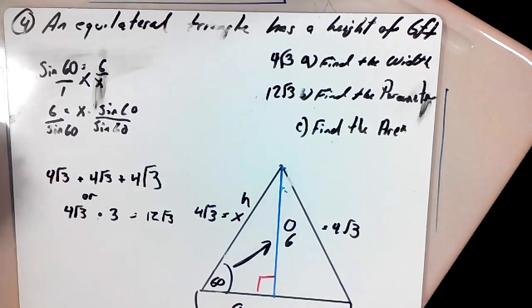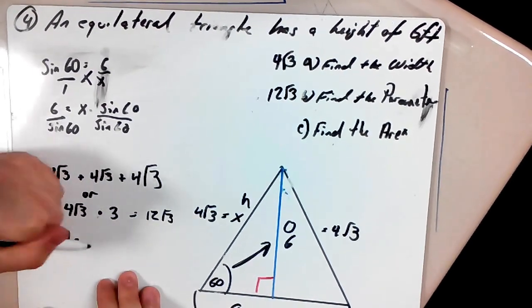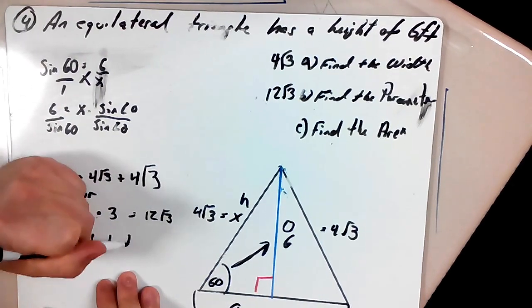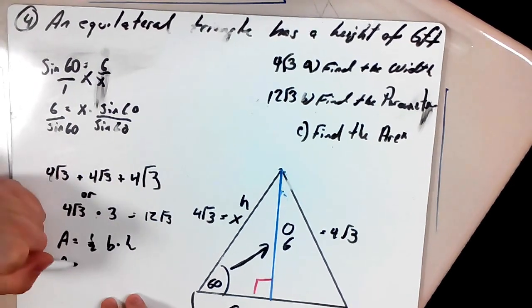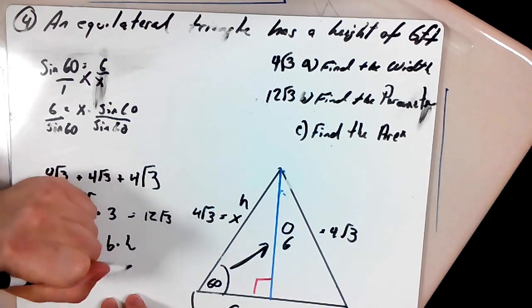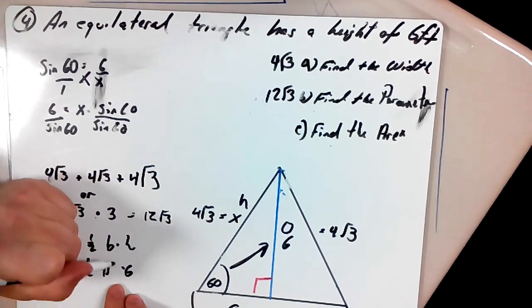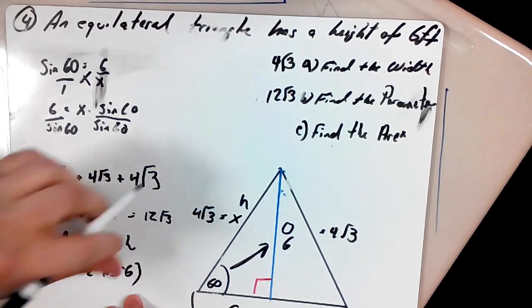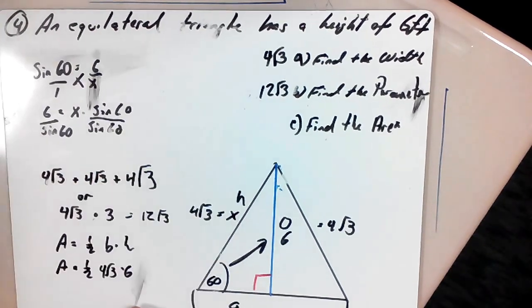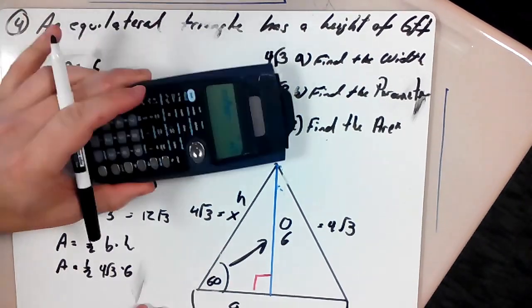Now we have to find the area. The area of a triangle is A equals 1/2 base times height. The height is 6, and the base is 4 square root 3. Sometimes I put parentheses around them, or I just divide it by 2.